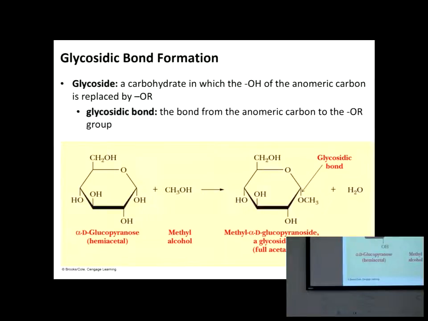Because it's a ketose, the anomeric carbon is going to be the second carbon, not the first carbon. I need you guys to understand that the anomeric carbon doesn't have to be carbon number 1. On an aldose, it's carbon number 1.